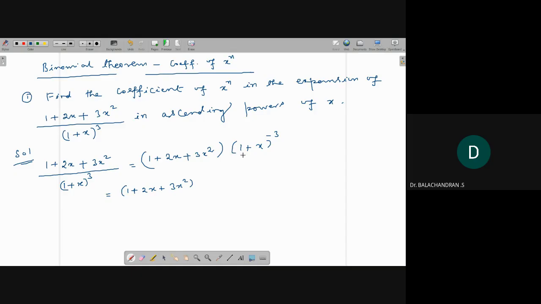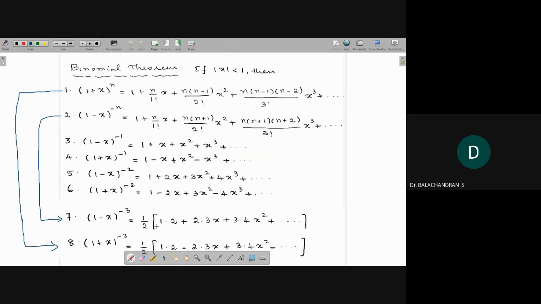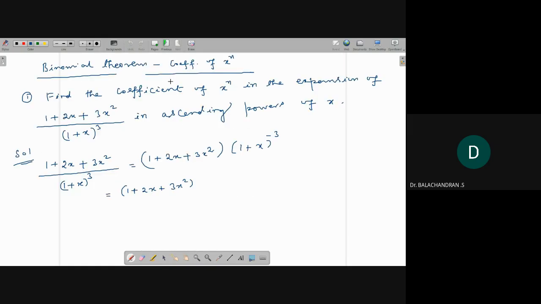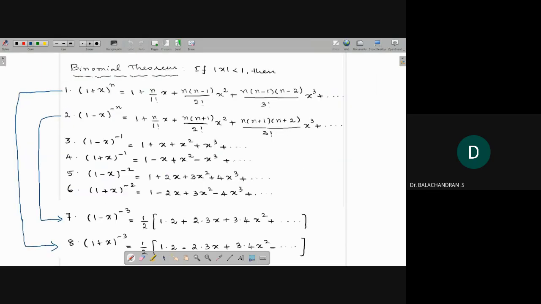So you know what is 1 plus x whole power minus 3? It is 1 by 2 into 1 into 2 minus 2 into 3 into x plus 3 into 4 x square, and so on.